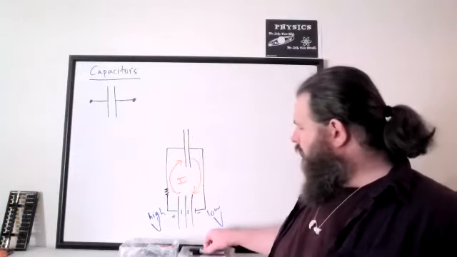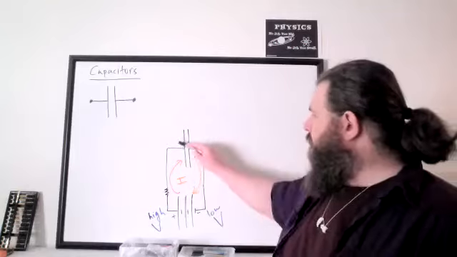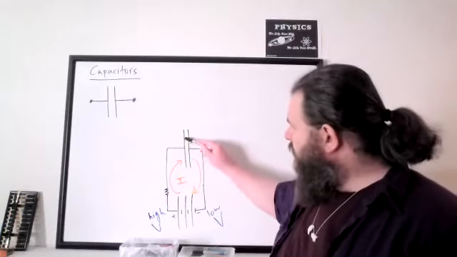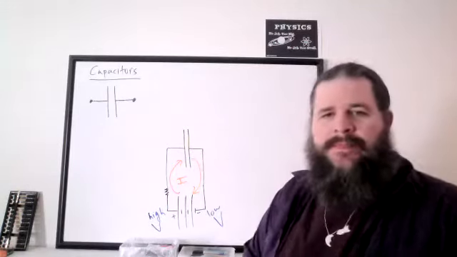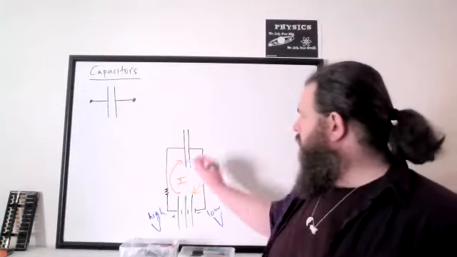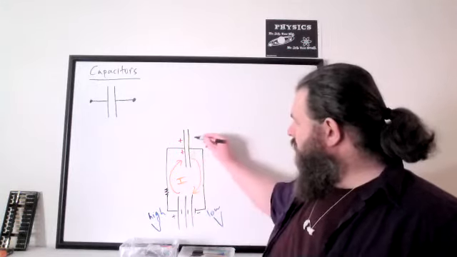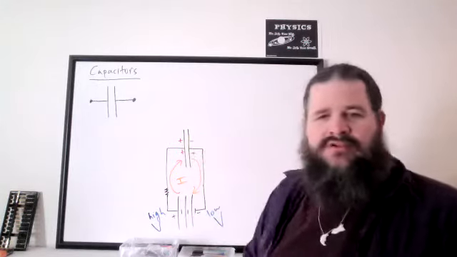But as current flows, current is just the motion of charge. So as current flows, we get charge building up on these plates because charge cannot actually cross this gap. You get charge flowing in, charge flowing out. So that means one of the plates is going to start accumulating extra positive charge, and the other plate is accumulating extra negative charge.